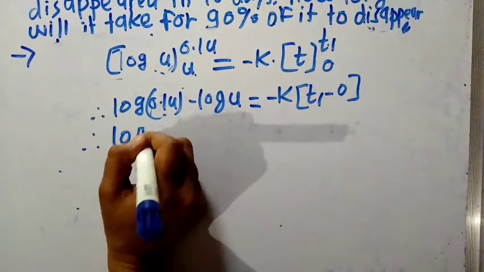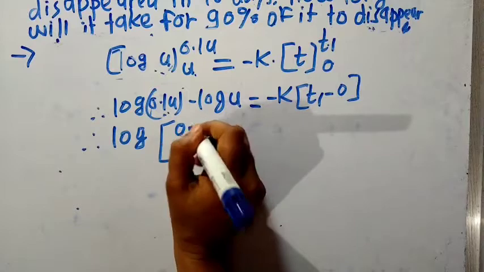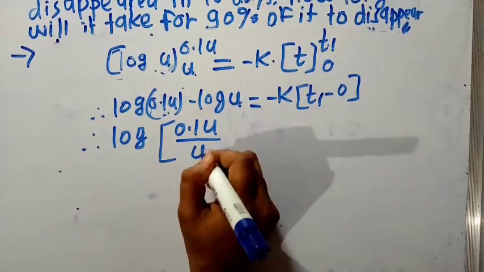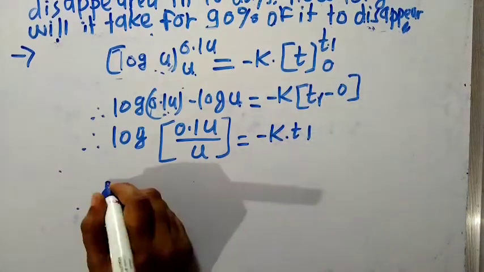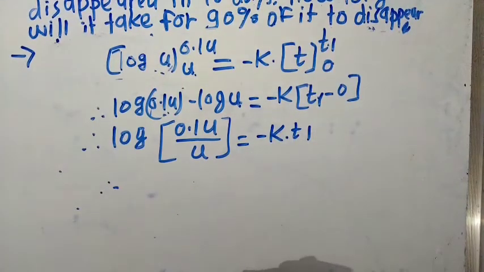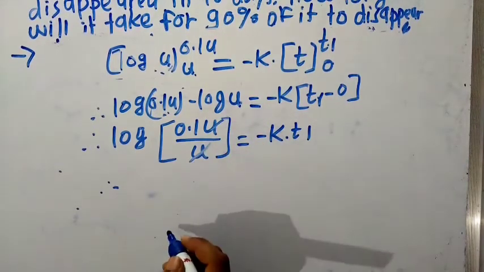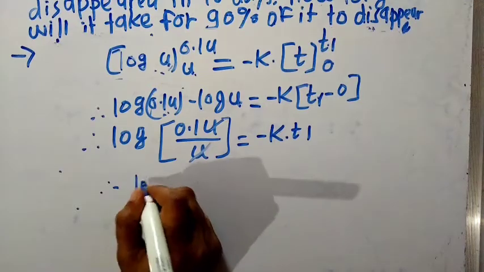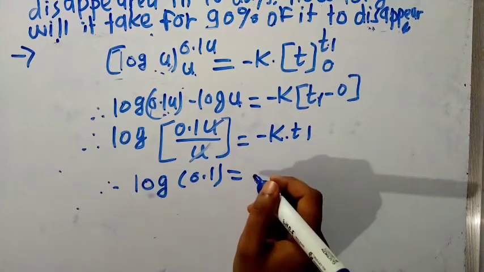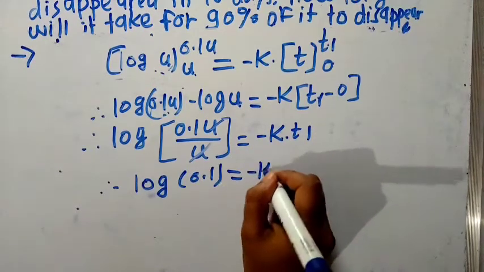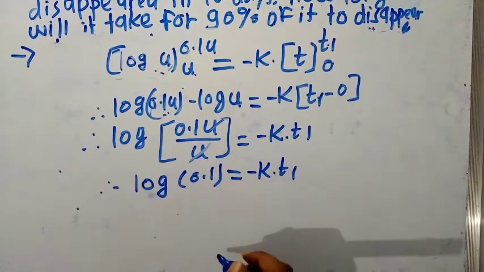So here we get minus sign, so log of 0.1 u divided by u is equal to minus k into t1. Here u and u are cancelled, hence log 0.1 is equal to minus k into t1.